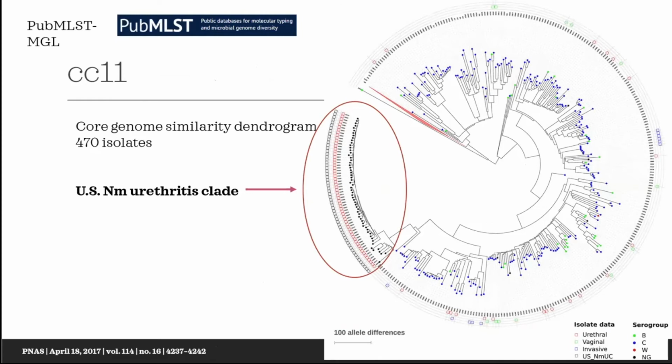And this is a core genome similarity dendrogram comparing 470 isolates, including isolates from the urethra, vagina, vaginal source, and other invasive isolates of the 11.2 complex, and comparing them to this very specific US urethritis clade causing this outbreak, not only in Ohio, but in other regions of the US during this time.